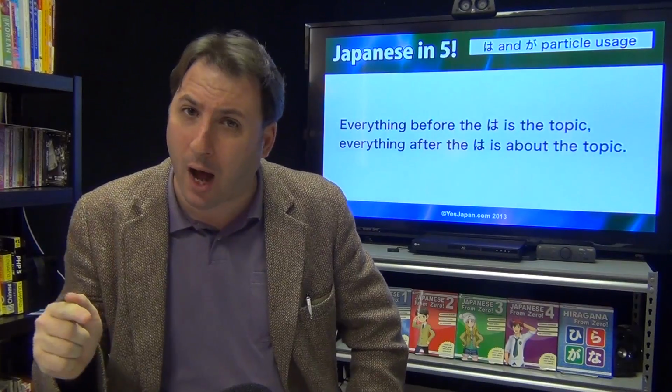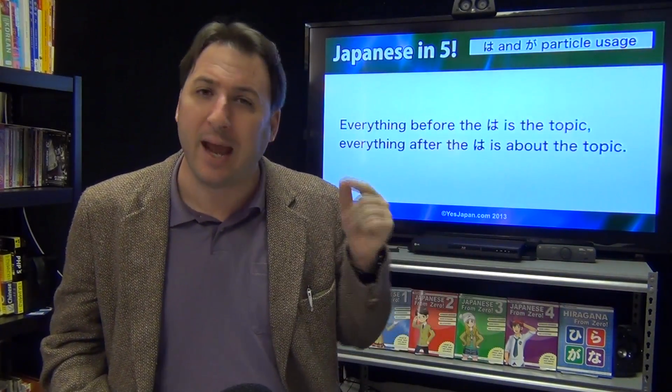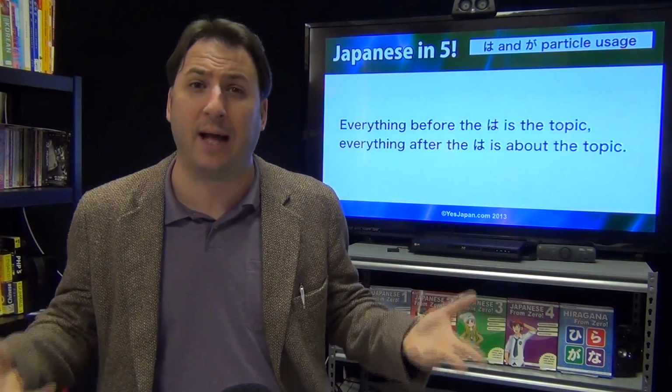This is the main rule about wa that you need to know, though. Everything before the wa is the topic or part of the topic, generally speaking, and everything after the wa is a question or a description of that topic.